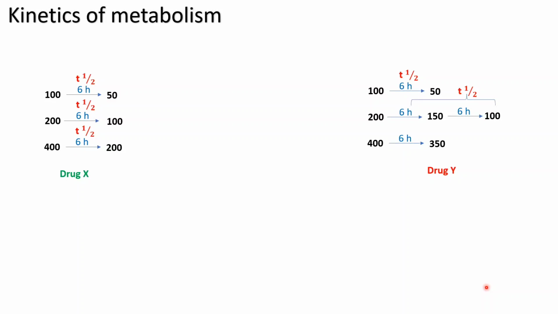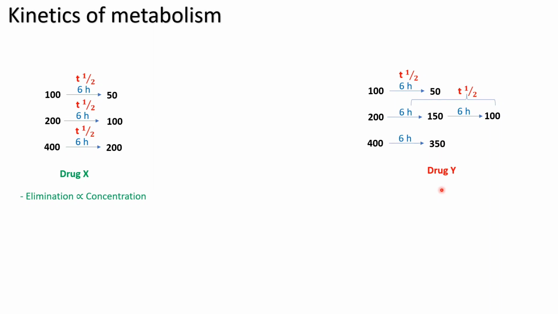Yes, this is drug X. When the concentration was doubled, the elimination was also doubled at the same time. When the amount was 100 milligrams, we eliminated 50% of them in 6 hours. And when it was doubled to 200 milligrams, we also eliminated 50% of them in 6 hours.